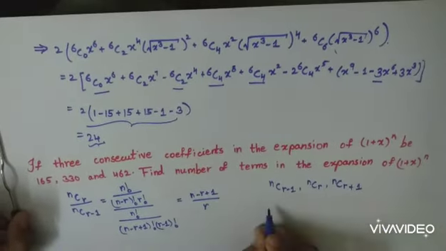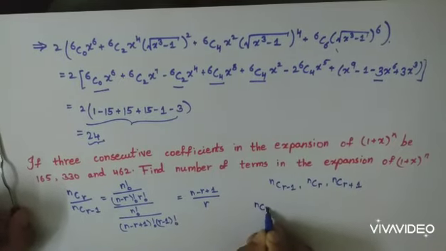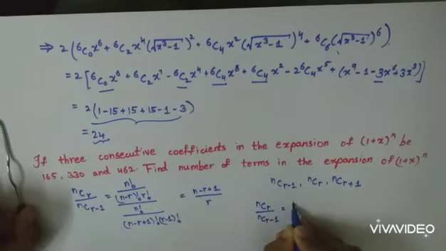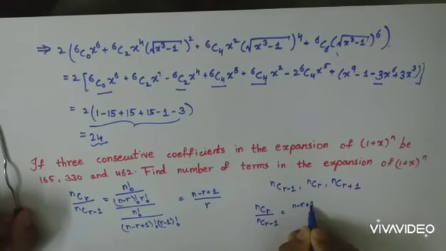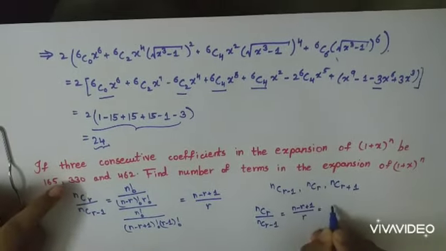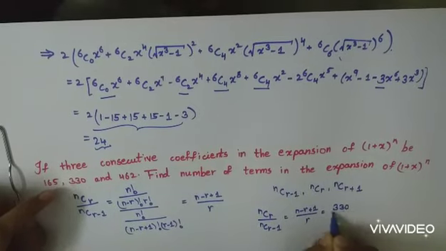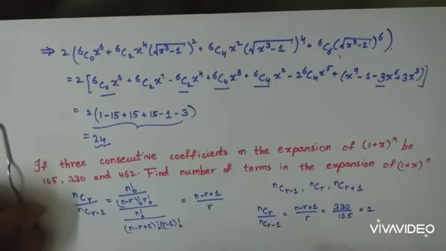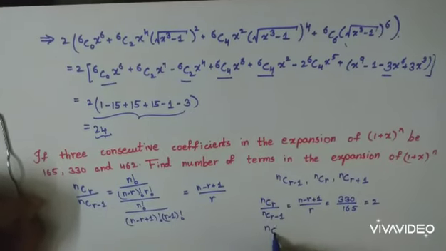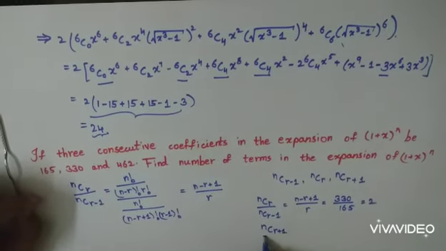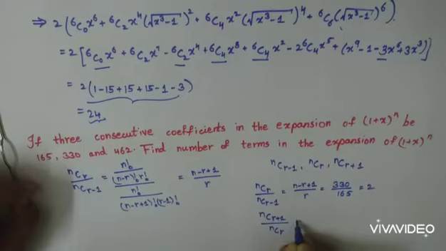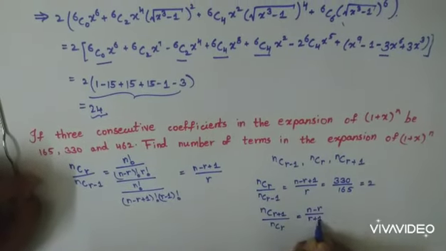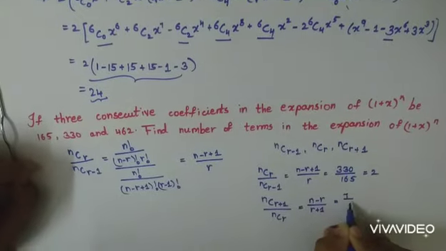So let us take nCr / nC(r−1), which is (n − r + 1)/r, equal to 330/165, which is 2. Further, if we take nC(r+1) / nCr, we get (n − r)/(r + 1), which is equal to 7/5.